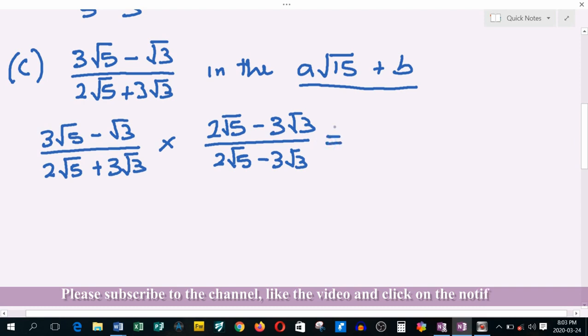This is equal to 3 root 5 times 2 root 5, which will give us 6 root 25. 3 root 5 times minus 3 root 3 will give us minus 9 root 15.